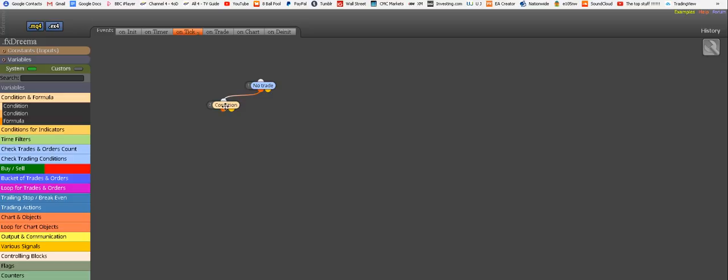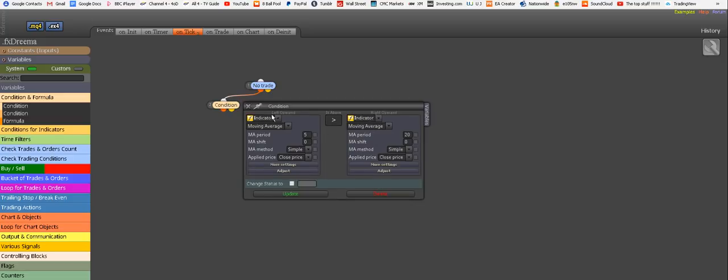So go into this condition by double clicking, like so, and we already are on the right page because it says indicator and then moving average conditions. We need to change a couple of things. The moving average period, instead of 5, we need 200, and instead of method simple, we need to choose exponential, like so.